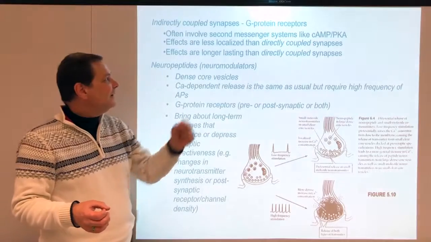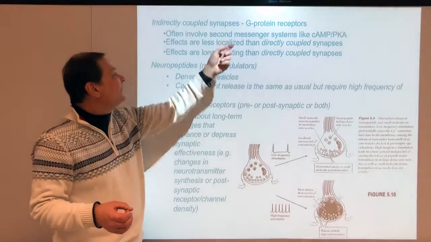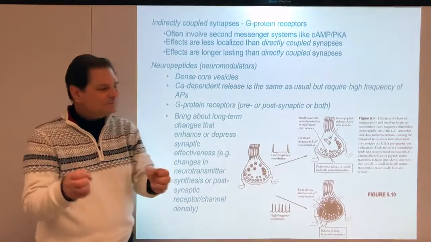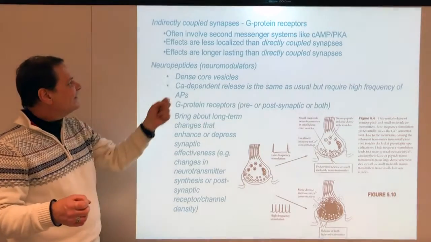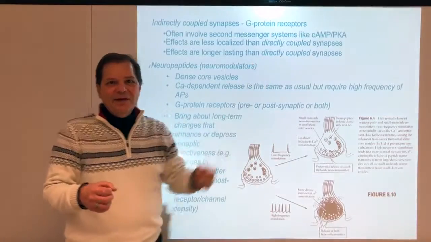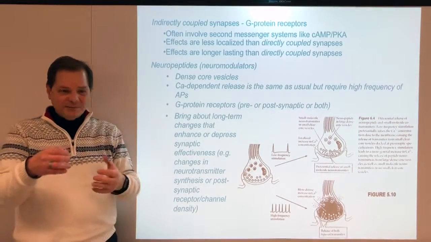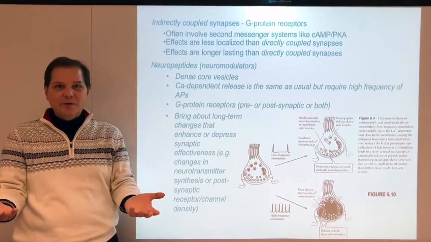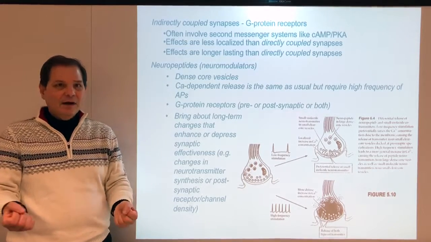So indirectly coupled synapses tend to have broader, more global effects. The other thing is that they're typically long-lasting. In the case of a directly coupled synapse, if my neurotransmitter unbinds, the channel closes, poof, that's it. It's over. You've terminated it.